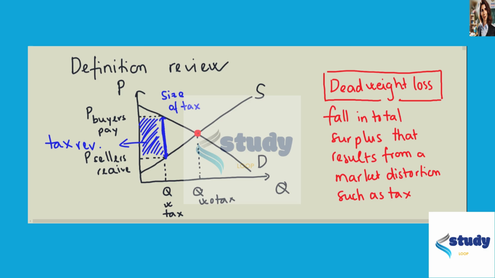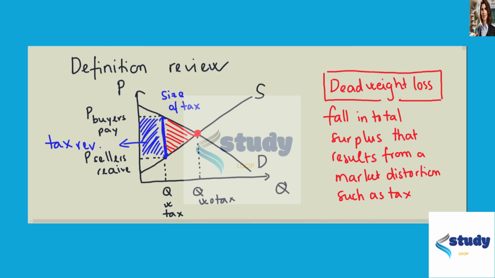You can see that after tax, the buyers pay a higher price than the initial equilibrium price, and the sellers receive a price that is lower than the price in the initial equilibrium. Deadweight loss is this area, the triangle.